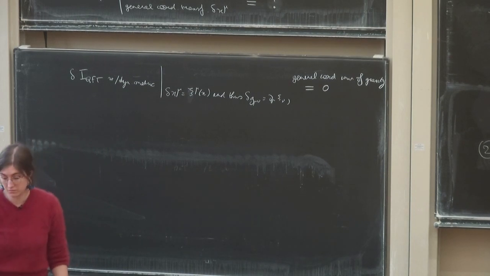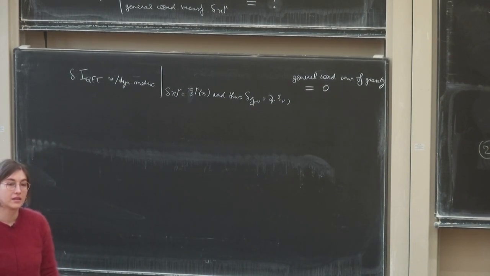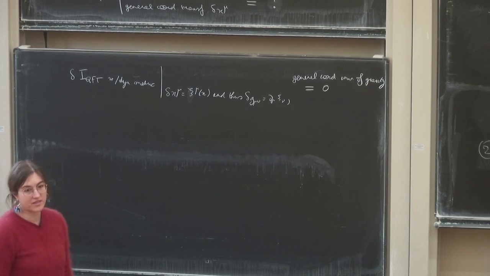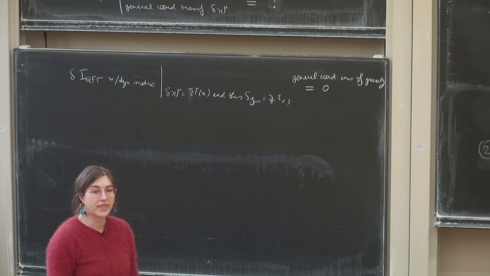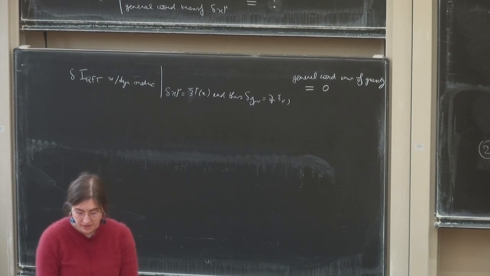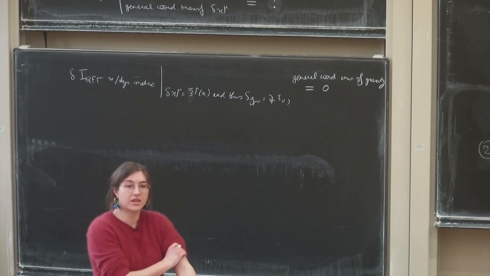Yes? What do you mean by general coordinate invariance? Because I can write down an action in an independent way and it's invariant under all coordinate transformations. Right, but this again has to do with this passive versus active. So people make the statement that GR is a diff-invariant theory.